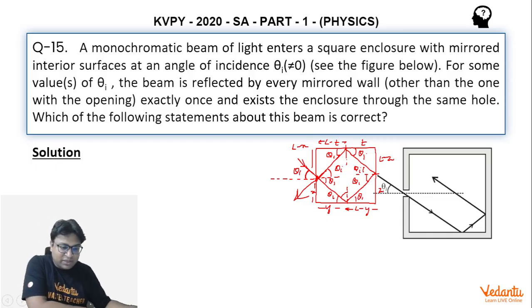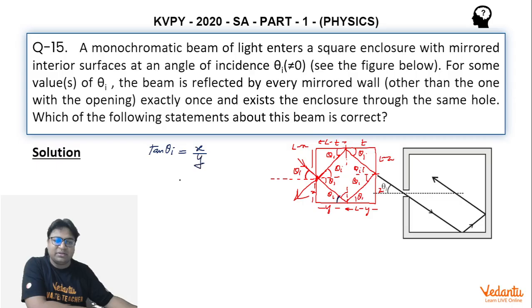Now, once you have done that, let me change the color of the pen because that will make it easier for you to notice what I'm doing. So let's say this angle is theta I. So tan of theta I will be written as x by y, from this and this. Tan of theta I can also be written as z divided by L minus y.